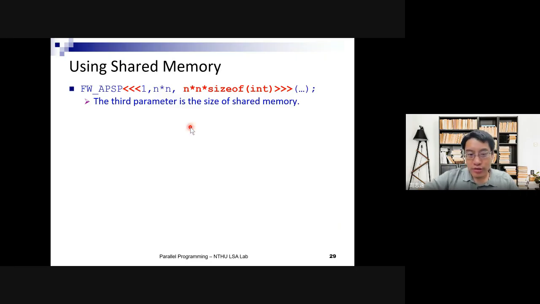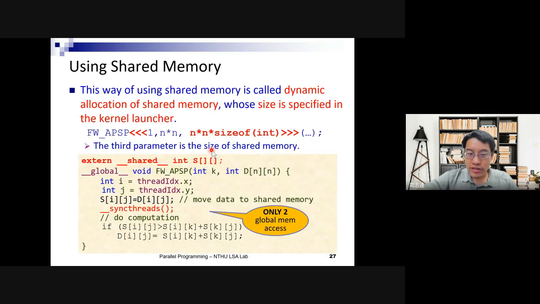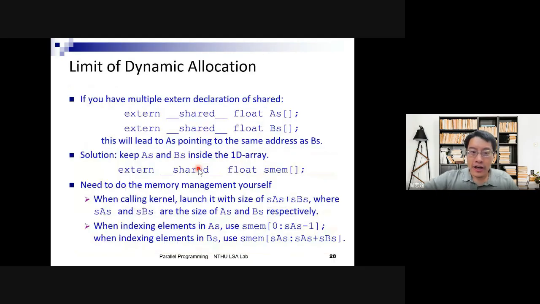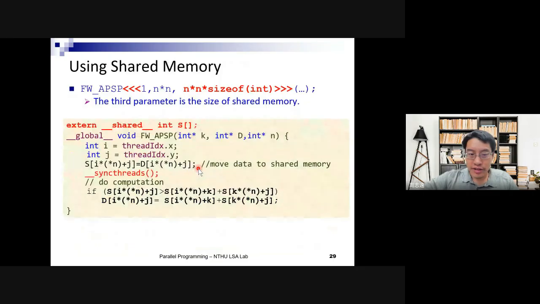So the previous code, if you look more carefully, is wrong. The compiler doesn't accept this. It has to be a one-dimension array like this. So if it's a two-dimension matrix, again, you have to do all the offset computation on your own. So it's very inconvenient, but it is what it is.